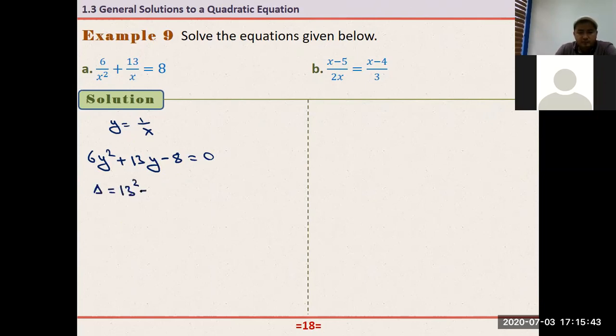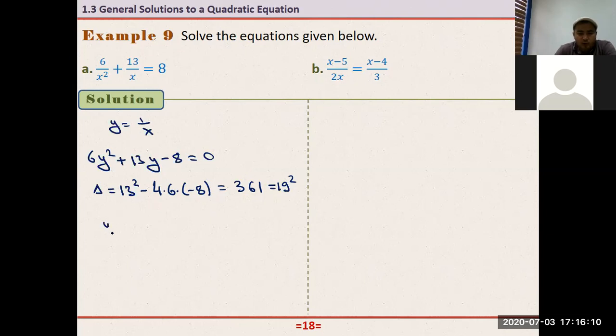13 squared minus 4 times 6 times negative 8, which is equal to 13 squared plus 24 times 8, that's equal to 361. And we know that 361 is 19 squared.